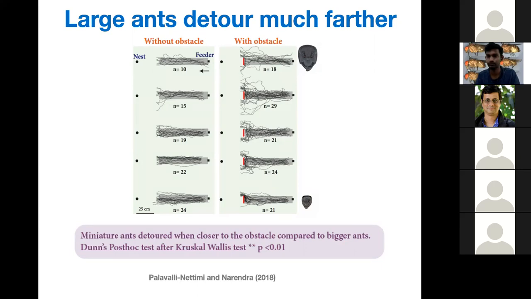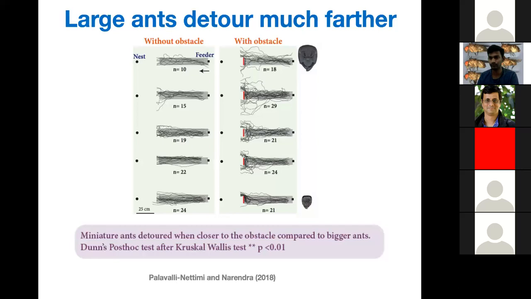So is the decision making the same? Correct. So it isn't, I guess, whether the object is relatively small or large compared to the animal, right?